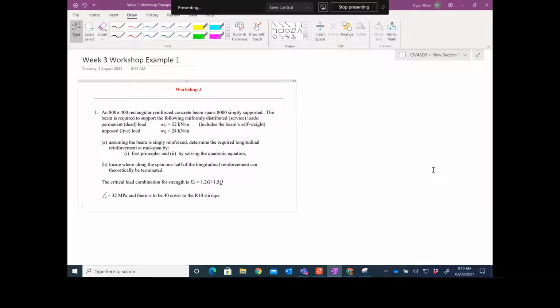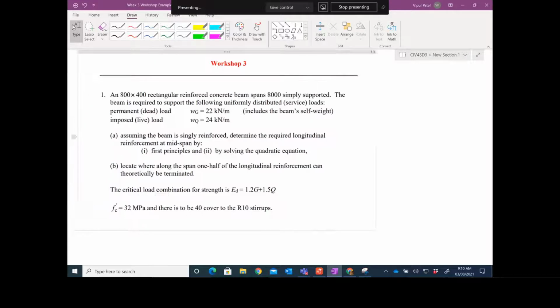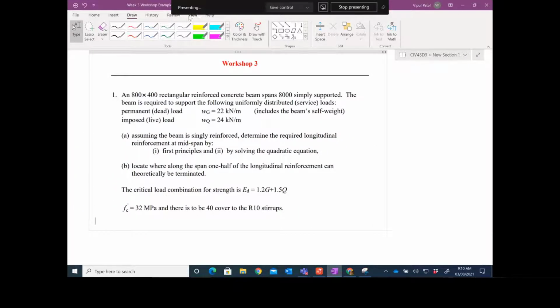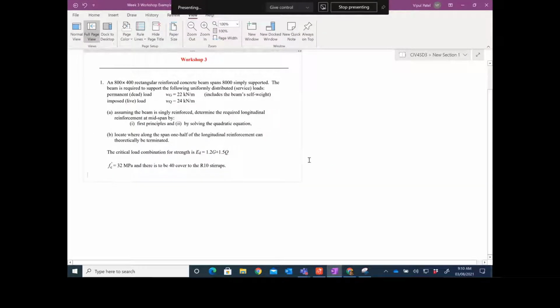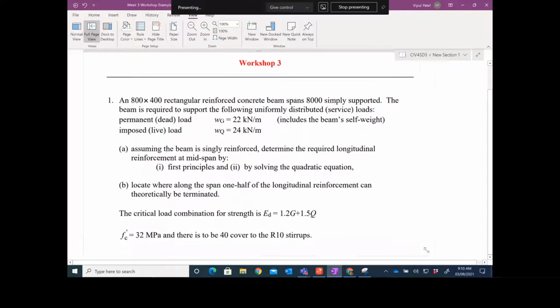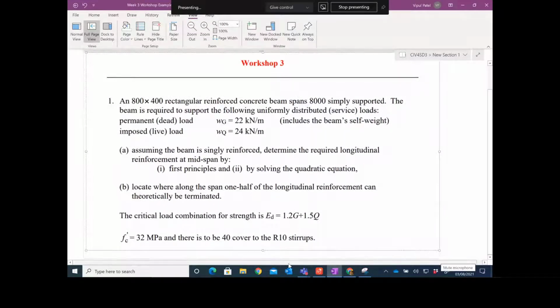Now let's read together. Let's make this one bigger so we can read it. Let's make the view 100% and make this figure bigger, to the full size. Okay, that sounds good. So you have an 800 by 400 rectangular reinforced concrete beam, simply supported, 800 span.